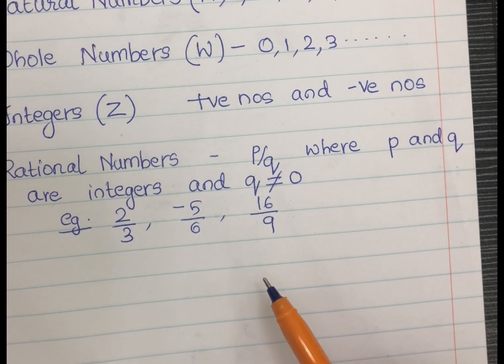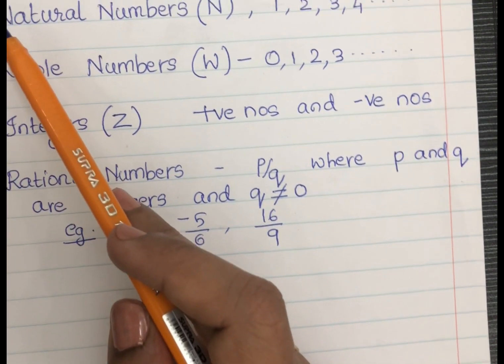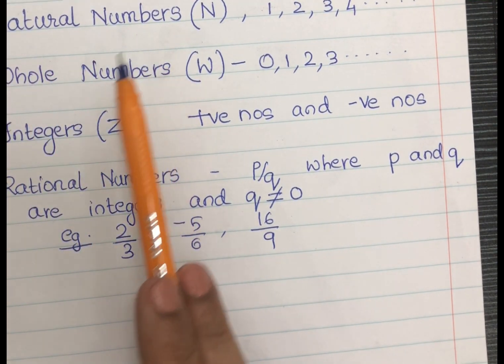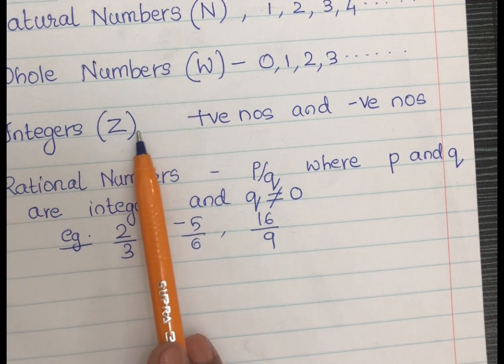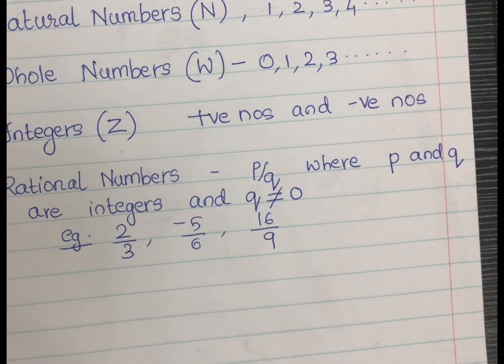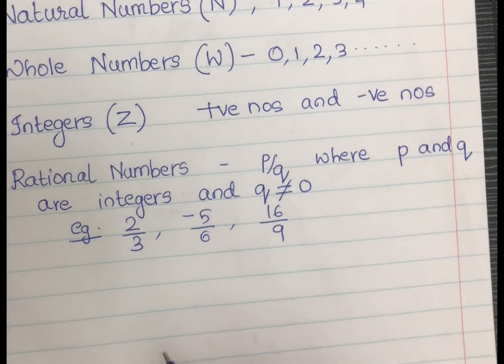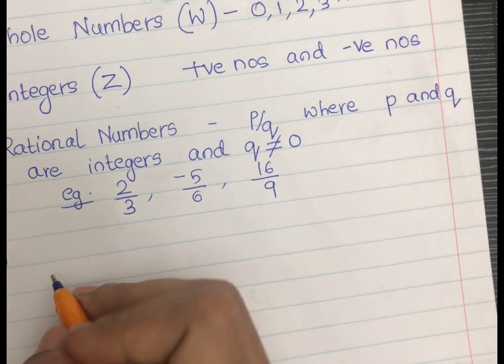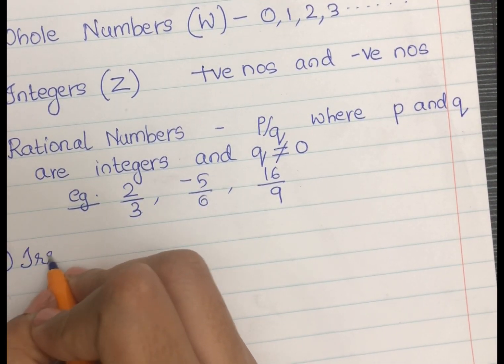So, till now we have learned 4 categories of numbers, right? Natural numbers, whole numbers, integers and rational numbers. There is one more category, that is irrational numbers.